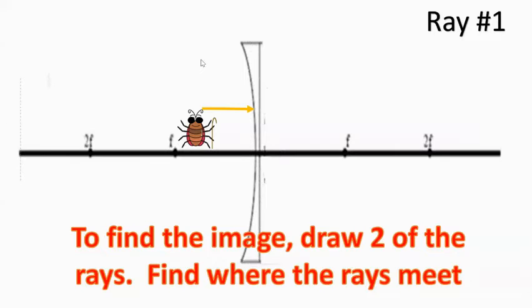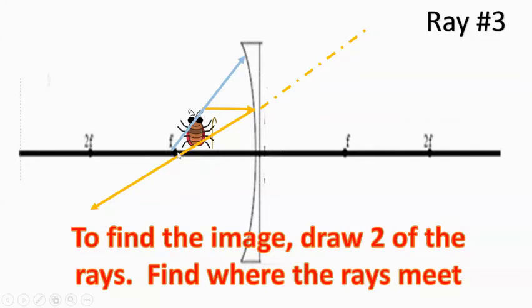Okay, so first we'll use ray one. It starts parallel, and remember when it reflects off the mirror, it's going to go through the focal point, just like that. And there's the virtual part. Secondly, we're going to use ray 3. We could have used ray 2, but it so happens that I know this is easier, but if you used ray 2, you would have gotten the right answer.